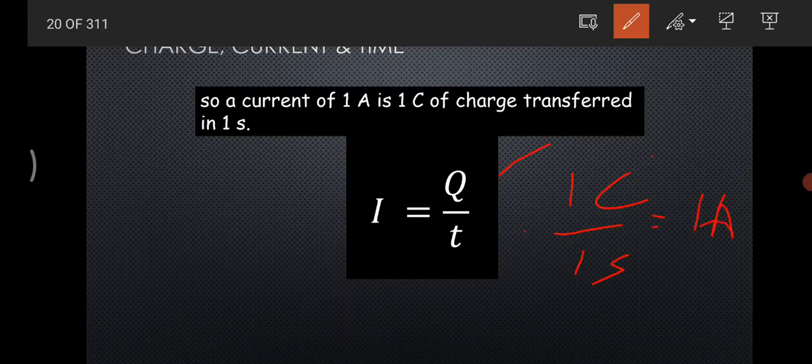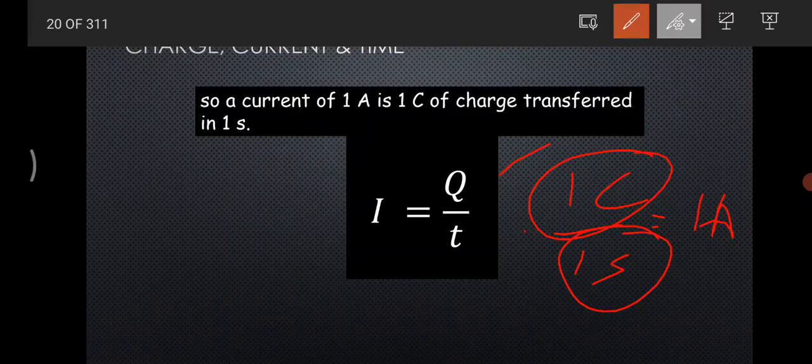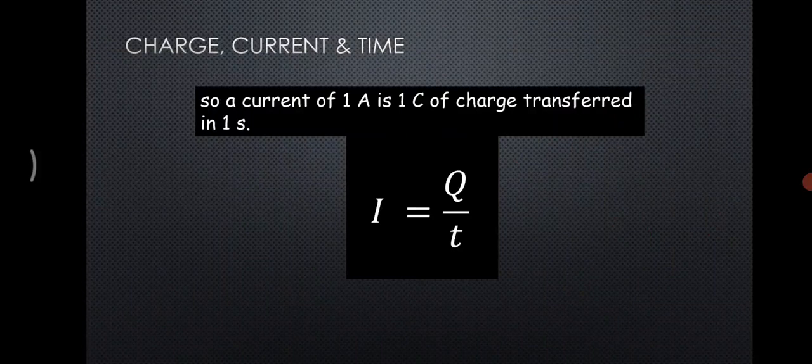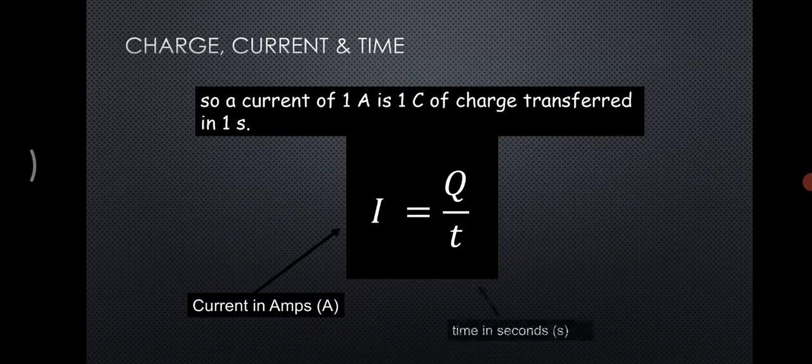You have to remember this. Current is given in amps, time in seconds, and charge in coulombs.